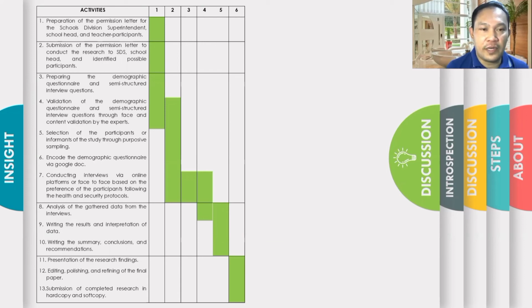That is the months, because we only have 6 months in the accomplishment of our action research after we submitted it and after the approval of the committee. Always bear in mind that when you are going to write the activities, you have to provide the detail on the different aspects of the implementation of your research paper.